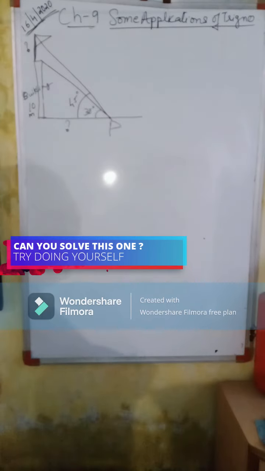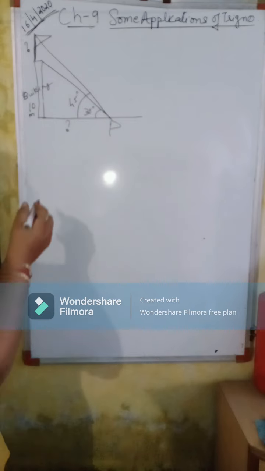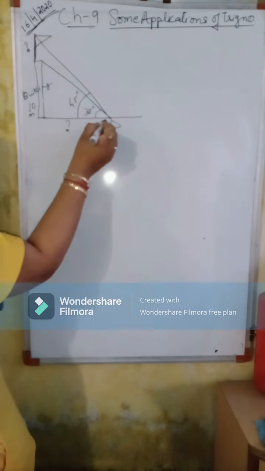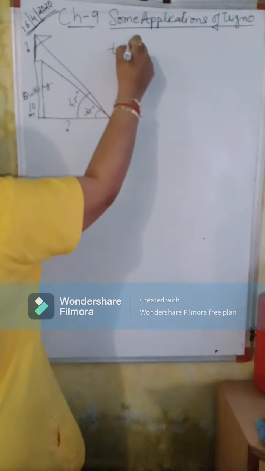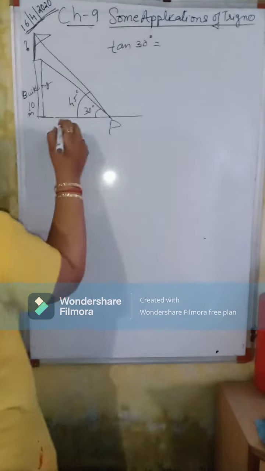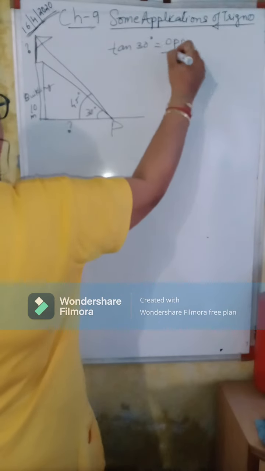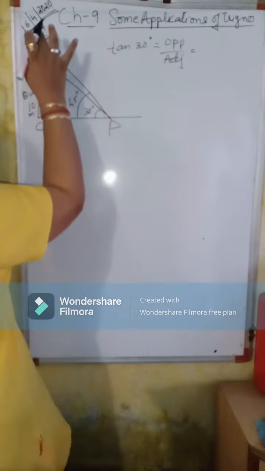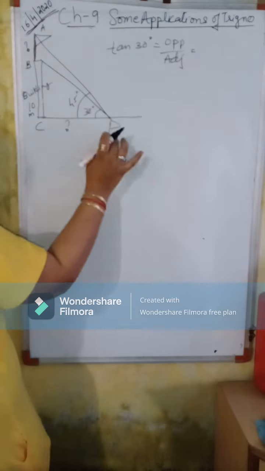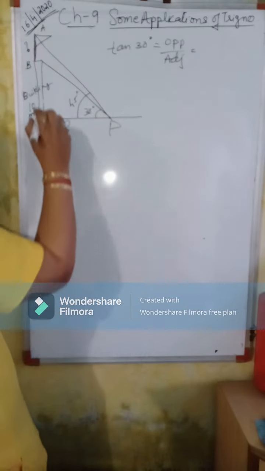Easy. Can you find? Simple. With this building I have 10 and 30 degrees. So tan 30 degrees is equal to opposite upon adjacent. What is opposite? I am naming the points A, B, C and P directly, not according to the textbook.